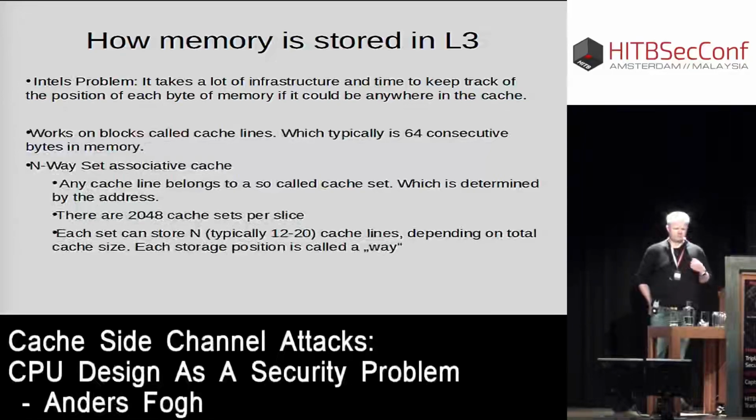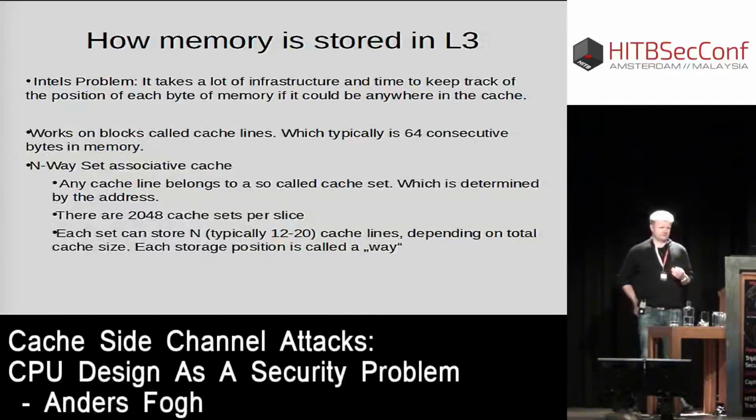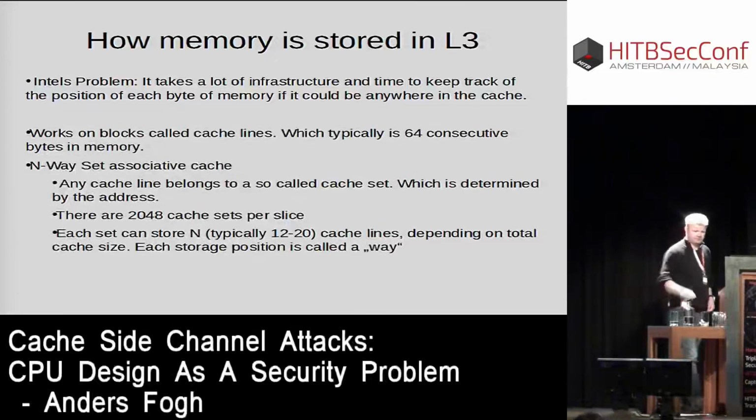Each set can store n, which is typically 12 or 20 cache lines, depending on the total cache size, meaning that when we request memory, we have to search 12 or 20 ways to find our cache line. Actually, it's not searching, it's multiplexing, but it's the same thing, really.